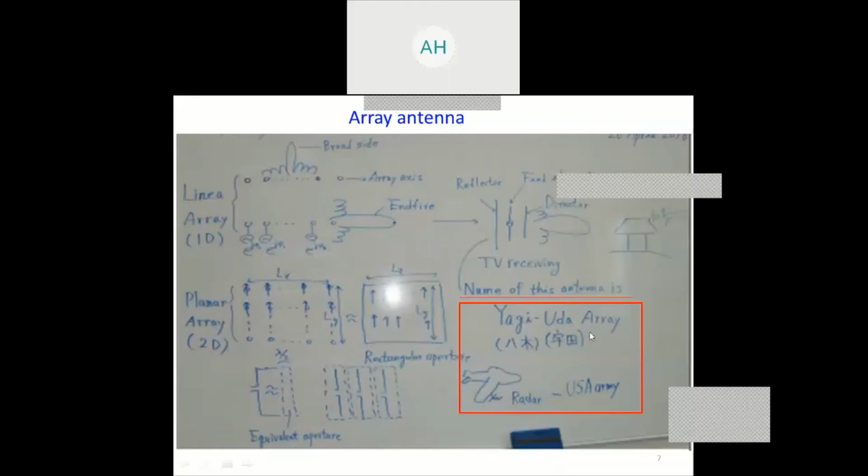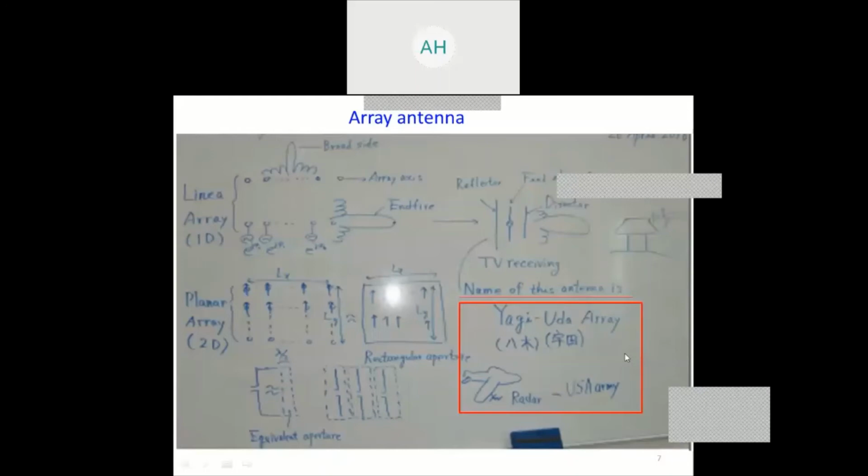When the Japanese army occupied Singapore, they found this antenna and the name. They called it Yaji Uda, and could not understand what the antenna was. Later, they learned this was a Japanese inventor's name.